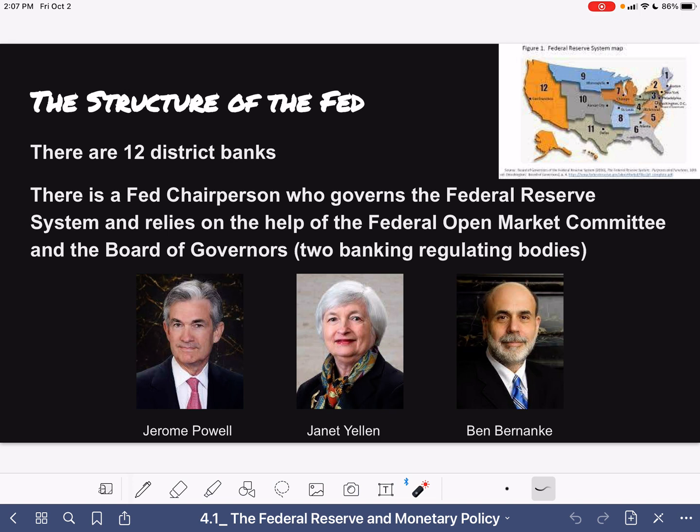Janet Yellen was nominated and then confirmed under President Obama and helped us really thoroughly recover from the Great Recession. And then Jerome Powell was nominated and then confirmed under our current president, President Trump. You might have seen some tweets from President Trump against Jerome Powell, but he's still there, at least for now.